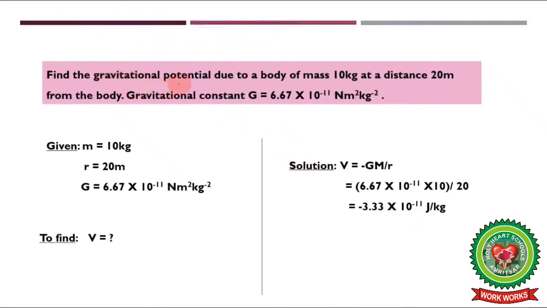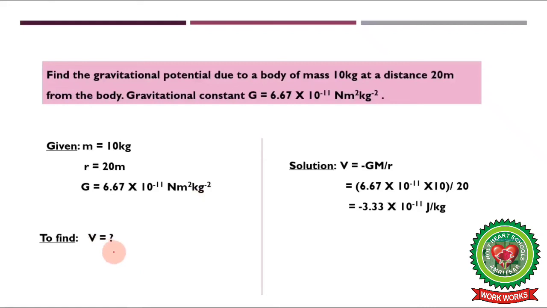Next example: find the gravitational potential due to a body of mass 10 kg at a distance of 20 meter from the body. Gravitational constant is 6.67 into 10 to the power minus 11 Newton meter square per kilogram square. Here the given values are mass of the body 10 kg, distance 20 meter, and G value 6.67 into 10 raised to power minus 11 Newton meter square per kilogram square.